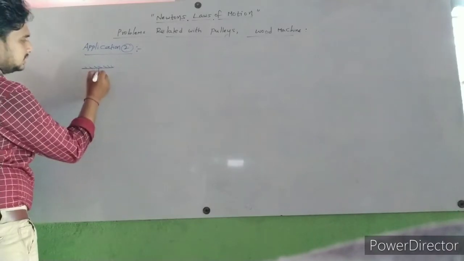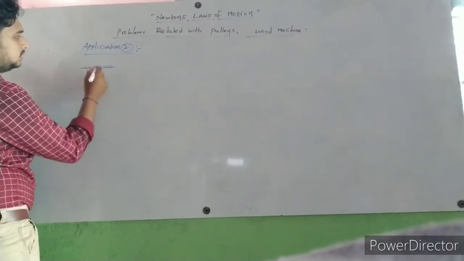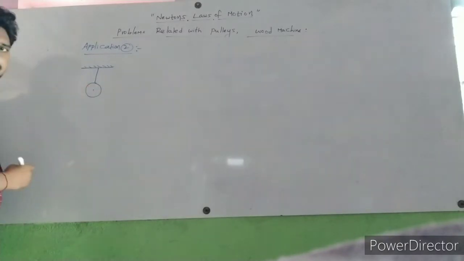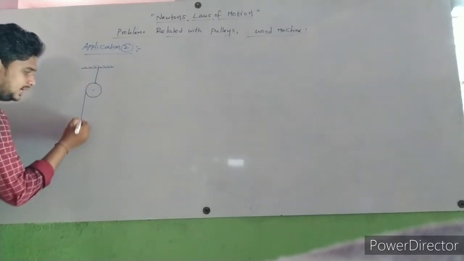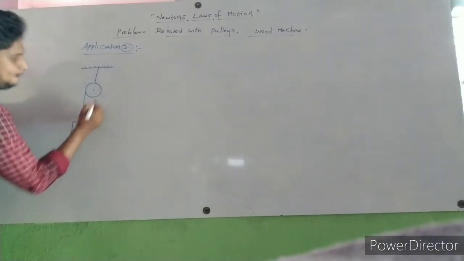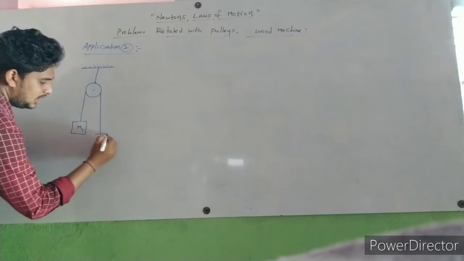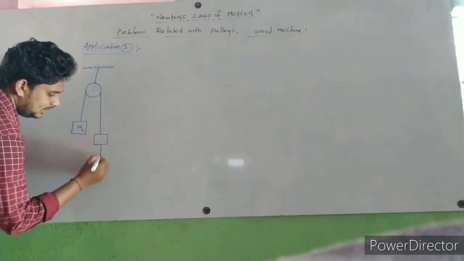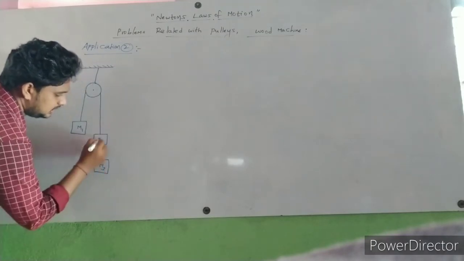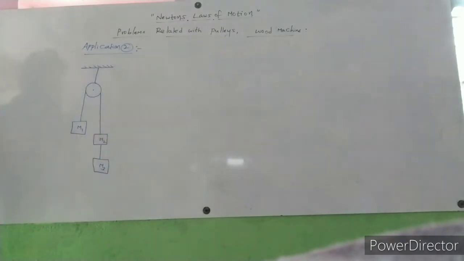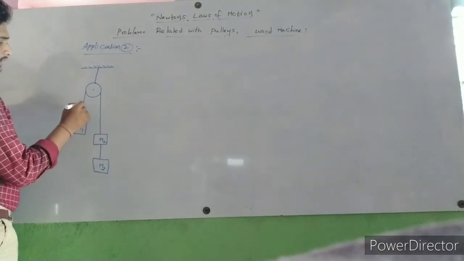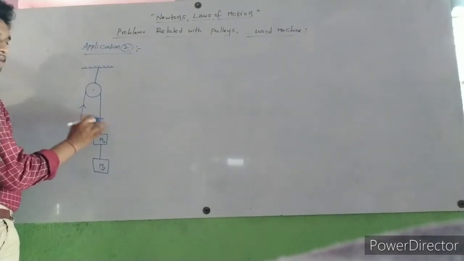On this side I take M1, on this side M2, and here I place one more body, M3. Here is a, so both sides of the thread are the same.